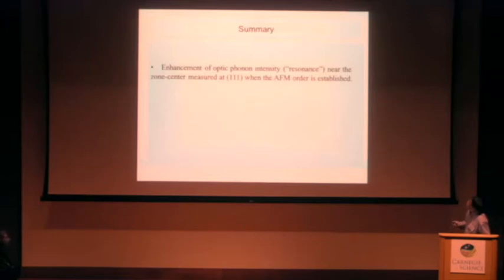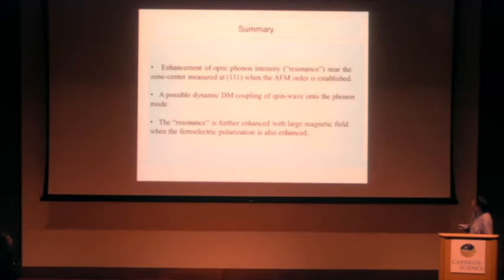So the summary is here. We see an optic phonon intensity enhancement near the zone center, measured at 111, when the antiferromagnetic order is established. This is due to a possible dynamic coupling of spin wave onto phonon mode, and the resonance is further enhanced with large magnetic field when the ferroelectric polarization is also enhanced. Okay, thank you.